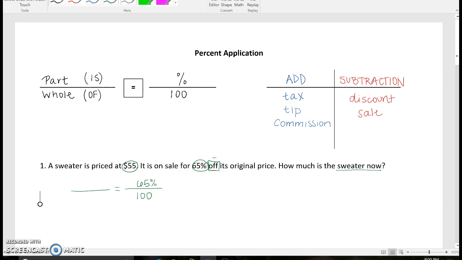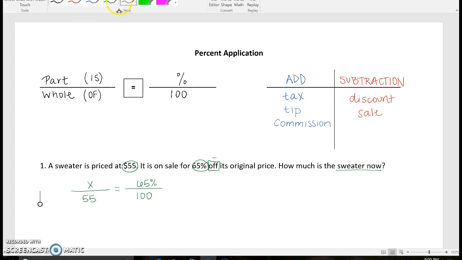You go shopping and the store's not going to pay you to get a sweater, right? So your total cost, your original price, is $55, but you're going to save a piece of that. We don't know the part. So we're saying, what is 65% of 55? Of means it goes on the bottom.